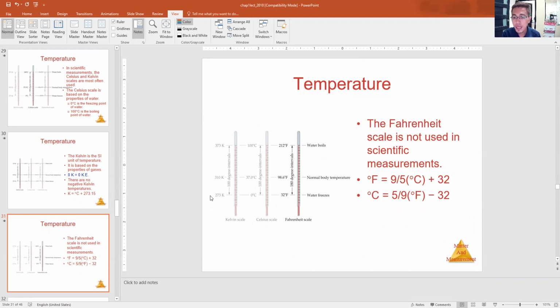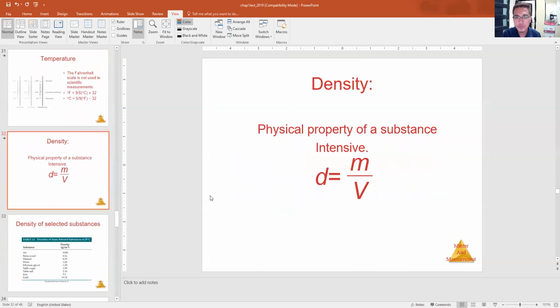So degrees Fahrenheit is equal to 9/5 of the degrees Celsius plus 32, while degrees Celsius is 5/9 of (F minus 32). That's the equation used for the conversion.